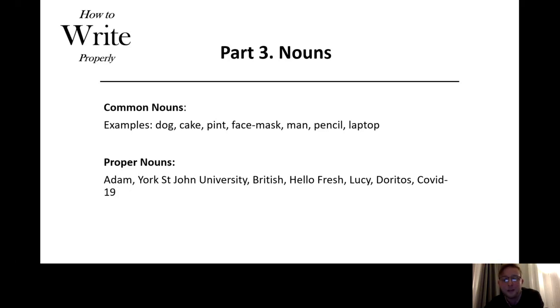So company name is a proper noun, so that has capital letters. Lucy is the name of a woman. Doritos is a type of crisp, but again a brand. So crisp would be a common noun. Dorito is the proper noun. And COVID-19, a word we're hearing a lot at the moment. That's the proper noun for that virus. So hopefully you get a sense of the two different types.